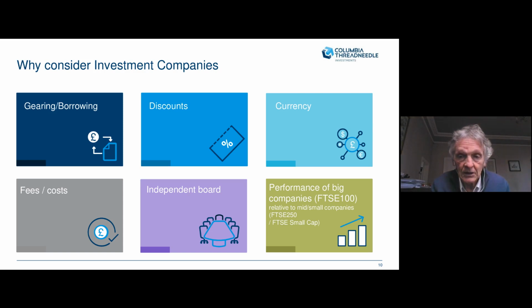You've seen the biggest companies in the FTSE 100, the biggest companies in the S&P Composite, the biggest companies in the Euro Stoxx Index perform the very best. In the case of America, the big 7 technology companies.